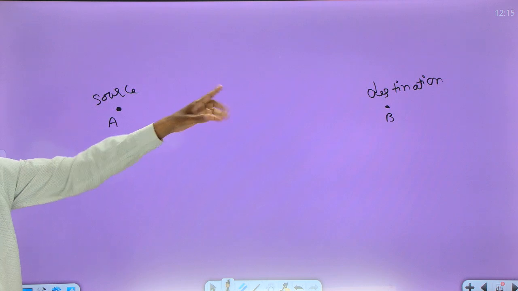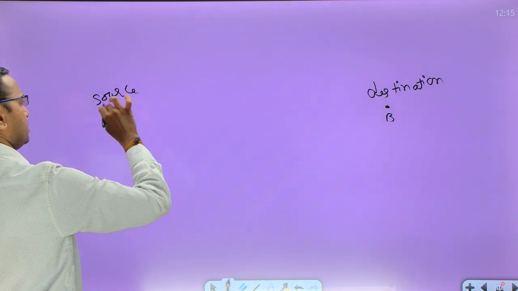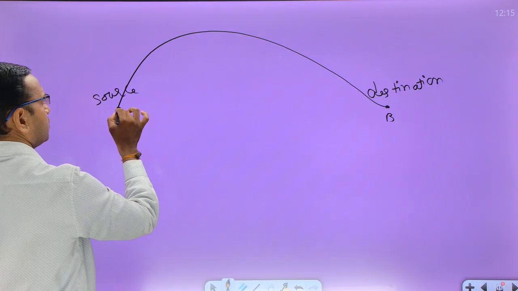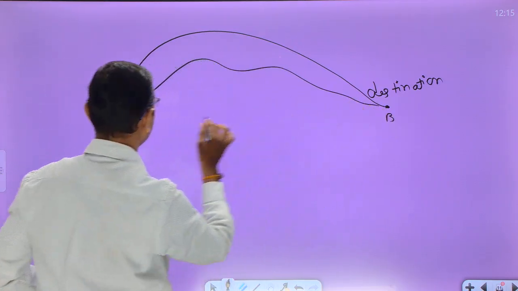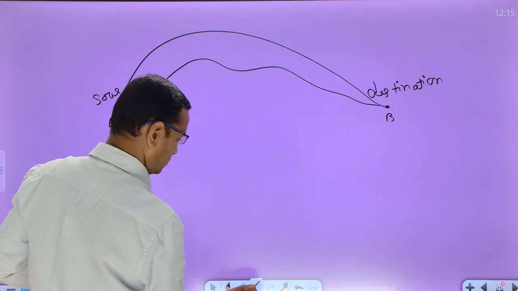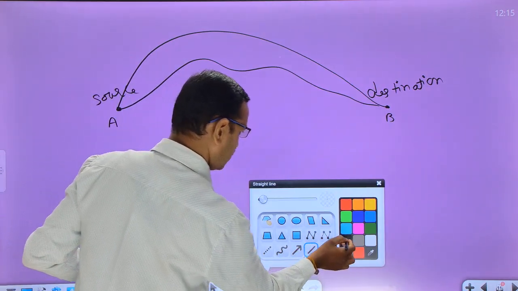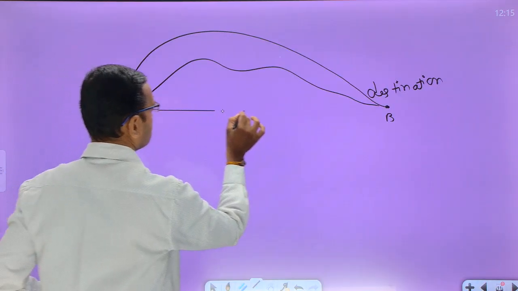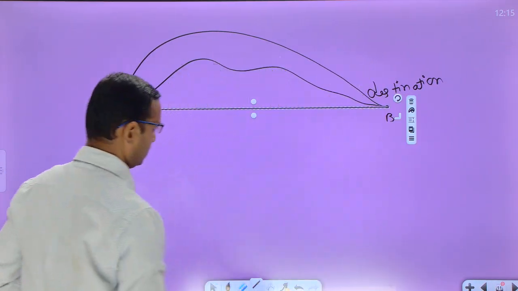This is my home, that is my school. Let us assume there are different routes. This is one route, this is one more route, and there is one straight line route from A to B.